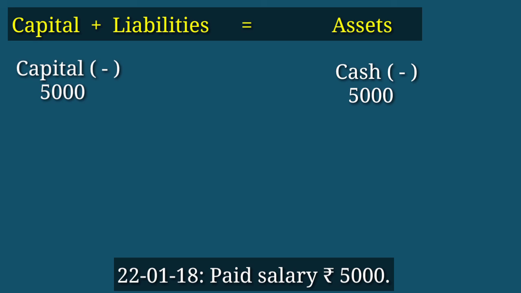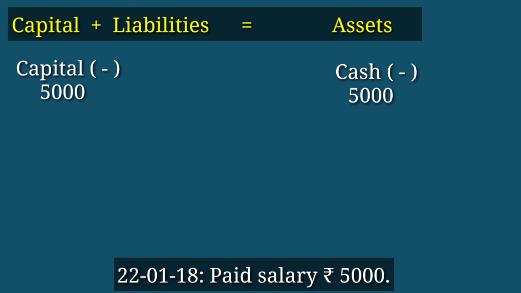Why is this 5,000 deducted from the capital? What is the reason, or what is the cause? We know all expenses we need to adjust from the capital, right? We need to deduct from the capital. From the accounting equation, we know that.